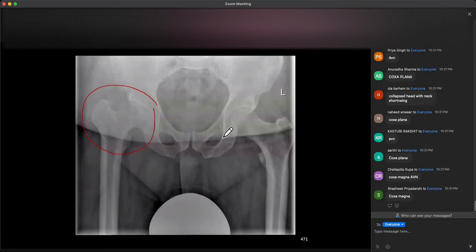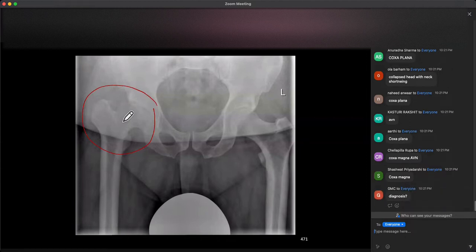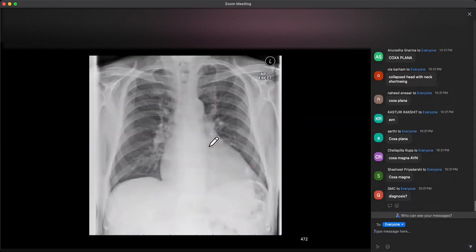So it's old healed Perthes disease of the hip. So when you see that, you know that the patient has had Perthes disease. And in fact, when you interrogate the patient, they will say, "Yeah, I had problems as a child. I had pins put in, etc., etc." So this is Perthes disease.